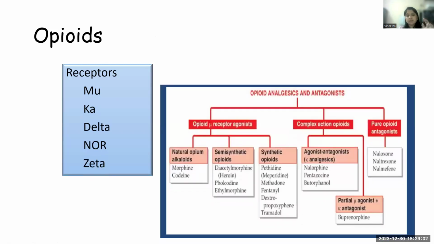Earlier there was the sigma receptor, but now it has been excluded. Then the classification of opioid analgesics: the pure mu agonists, divided into natural opioids like morphine, semi-synthetic, and synthetic, in which come pethidine, methadone, fentanyl. Then complex action opioids, the agonist-antagonists, mostly kappa agonists like pentazocine, butorphanol, and the partial mu agonist plus kappa antagonist, buprenorphine. And we have pure opioid antagonists like naloxone and naltrexone.